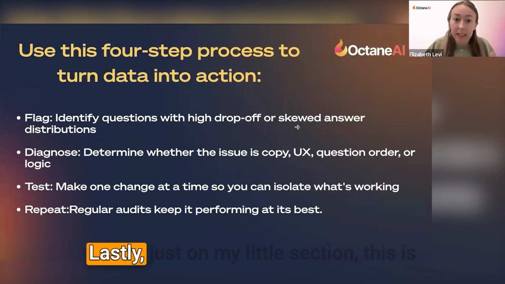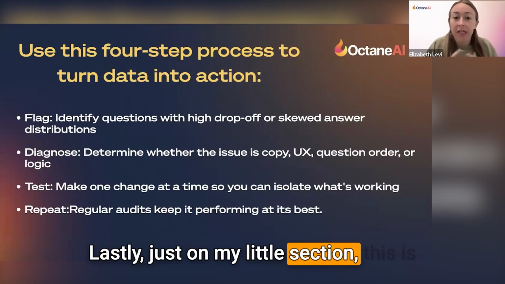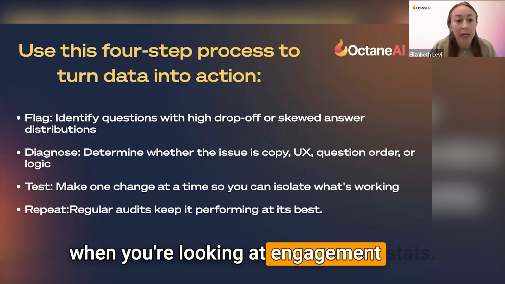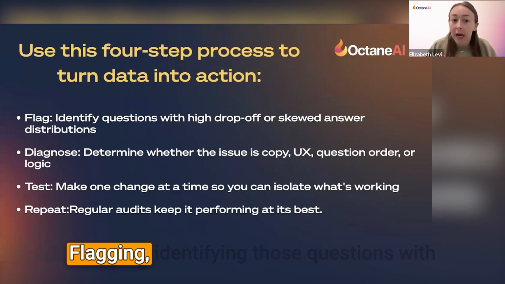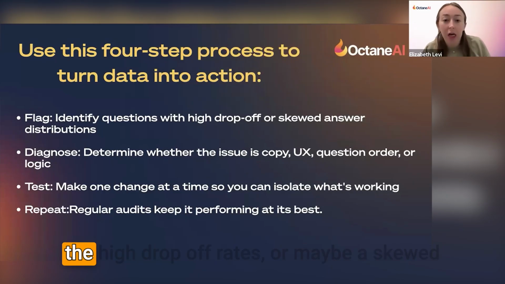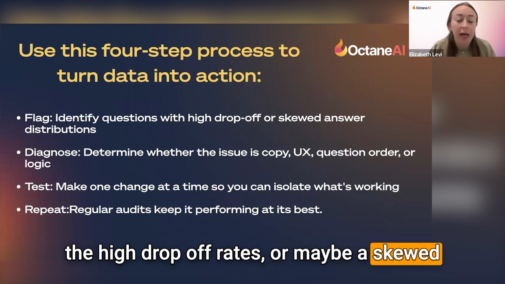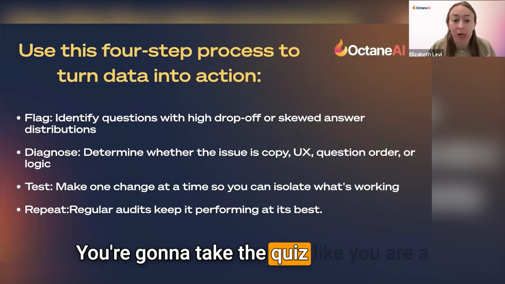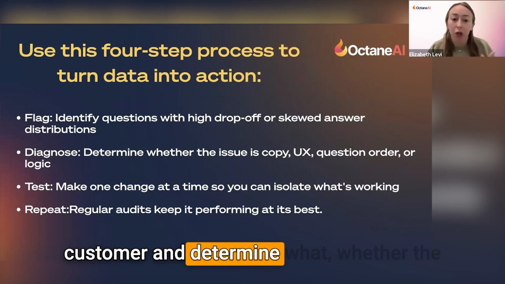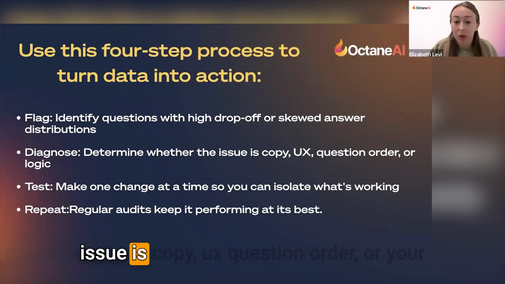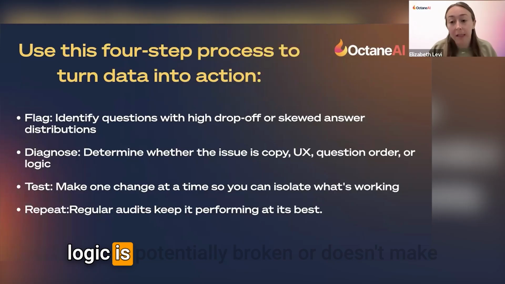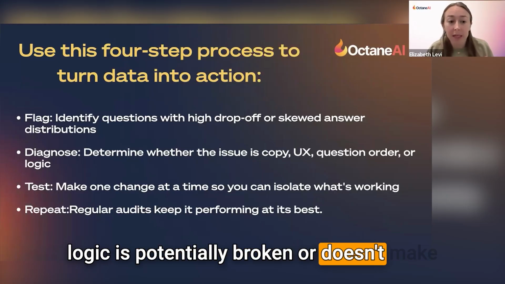So yeah, lastly, just on my little section, this is kind of a 4-step approach you can use when you're looking at engagement stats. Flagging, identifying those questions with the high drop-off rates or maybe a skewed answer distribution. You're going to diagnose, you're going to take the quiz like you are a customer and determine whether the issue is copy, UX, question order, or your logic is potentially broken or doesn't make sense.